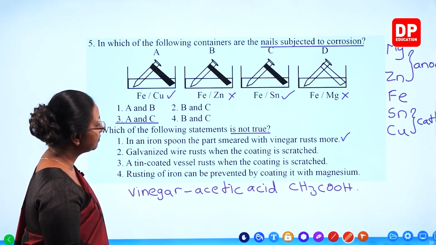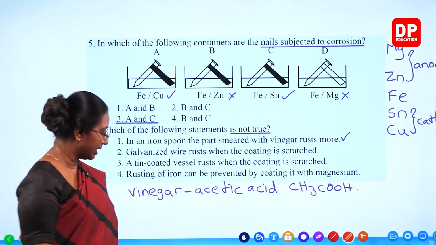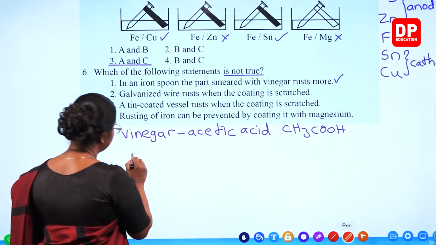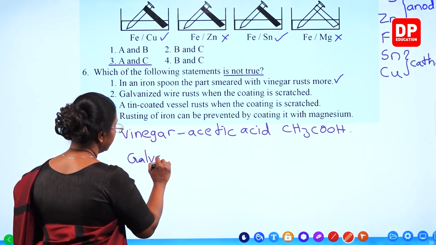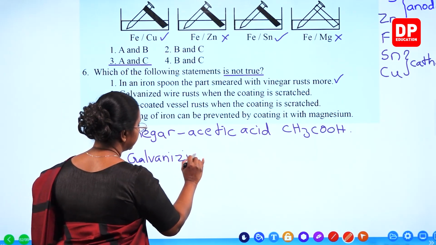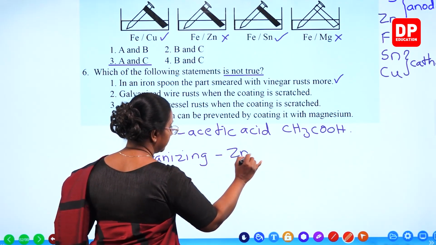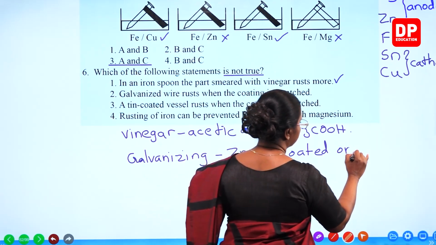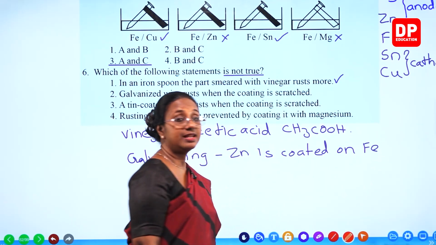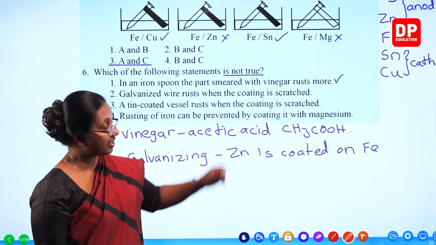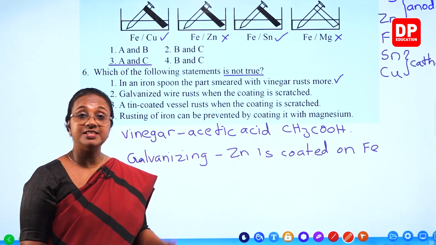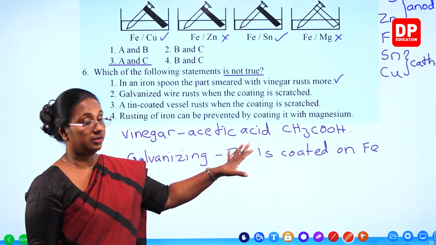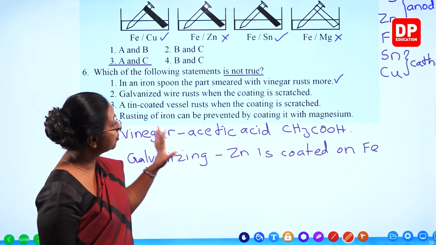Galvanized wire rusts when the coating is scratched. Does that happen? What is galvanizing? In galvanizing, zinc is coated on iron. So, zinc is more reactive than iron. There you saw that. And when it is coated, there is of course no problem.